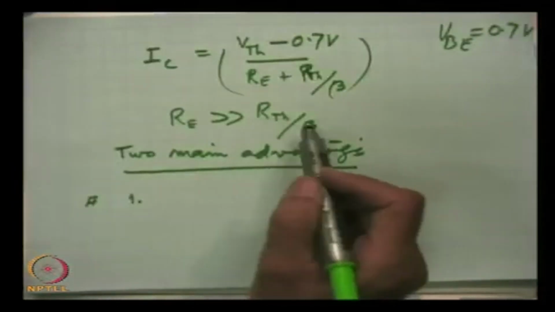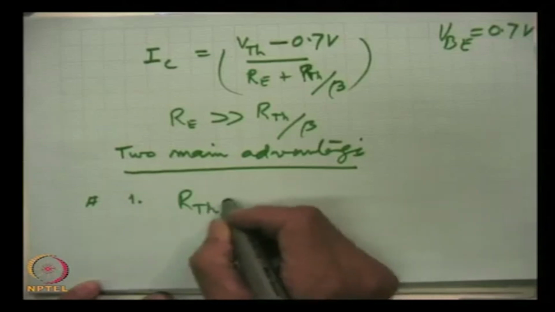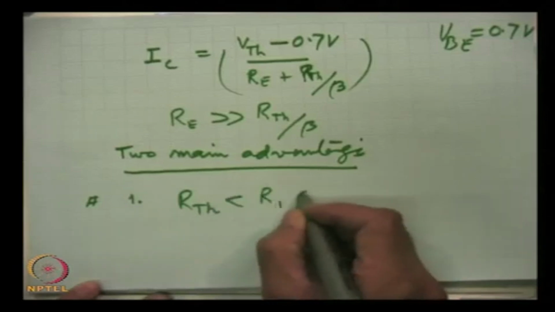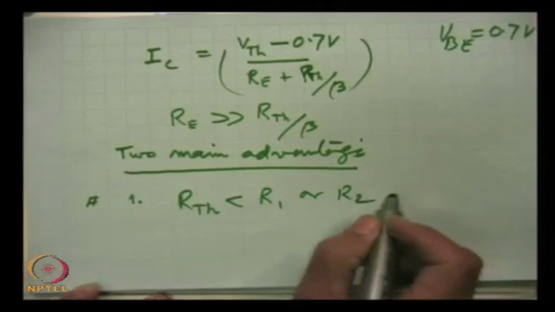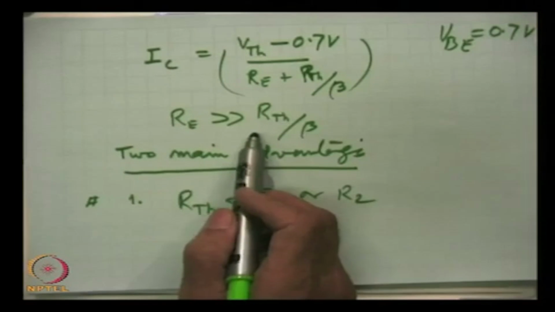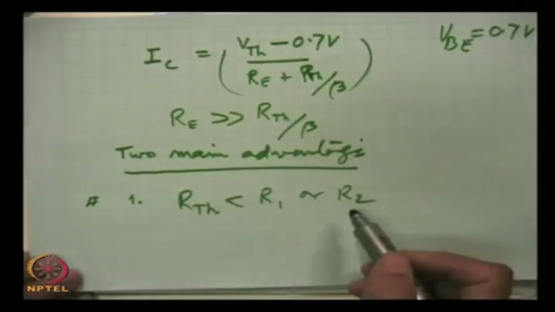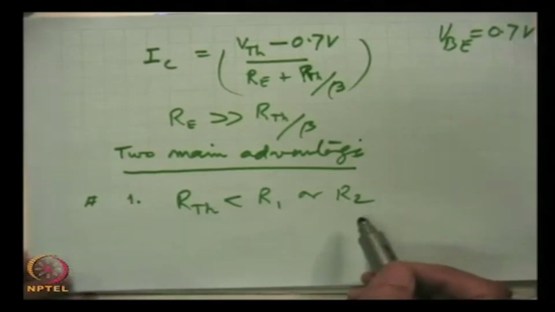So, RTH, the Theveninized equivalent resistance, is less than R1 or R2, and when this is low, the condition can be better satisfied, and so this amounts to better stability.